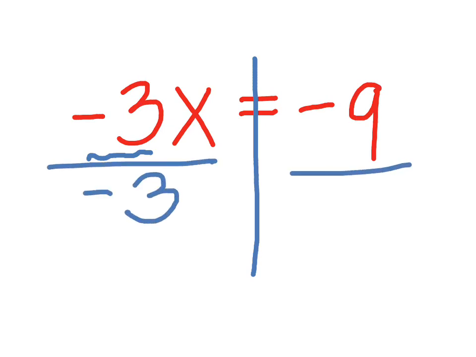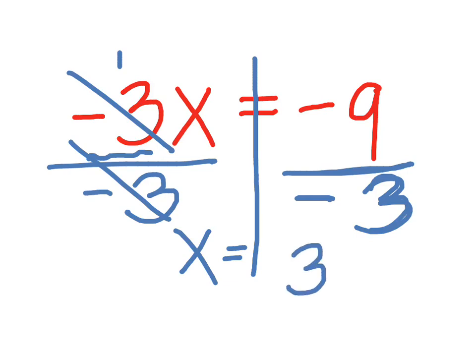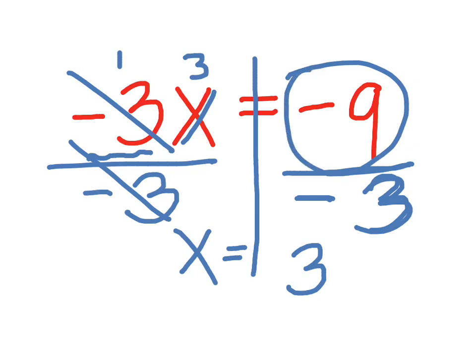So you divide by negative 3 on each side. Cross that out. That will be 1. 1 times x is x. Bring down the equal sign. And then negative 9 divided by negative 3 is positive 3. Checking if our answer is correct: negative 3 times positive 3 equals negative 9.